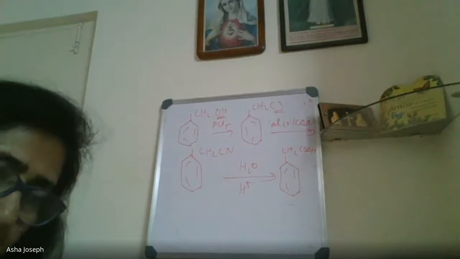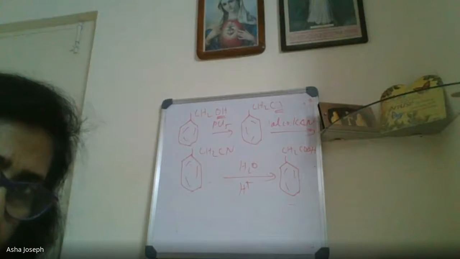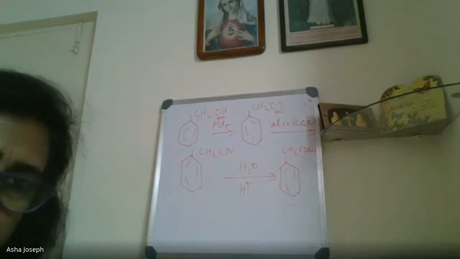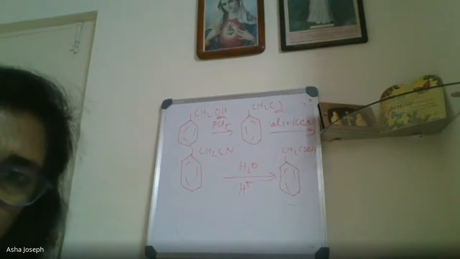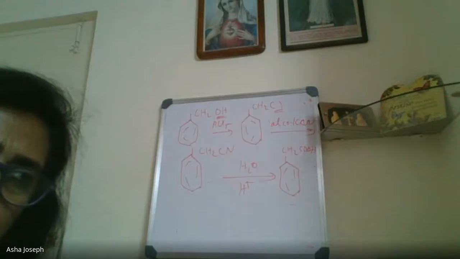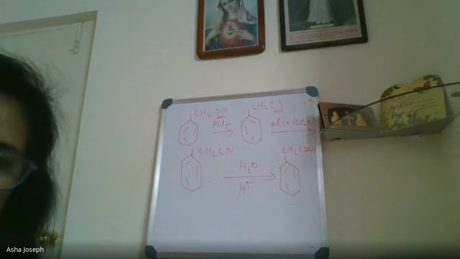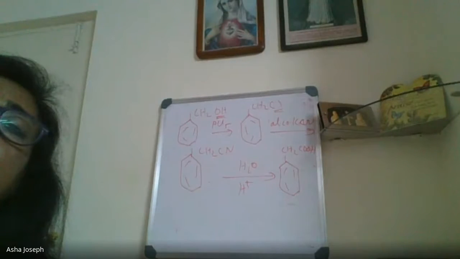Wherever H plus is there, you have to write it. If you put only water, the reaction will not take place. You have to put an acid catalyst also. That is why in the box itself I said water, H plus. Any other doubt? Have you understood, children? Yes, ma'am. Ma'am, could you show the board for a minute?